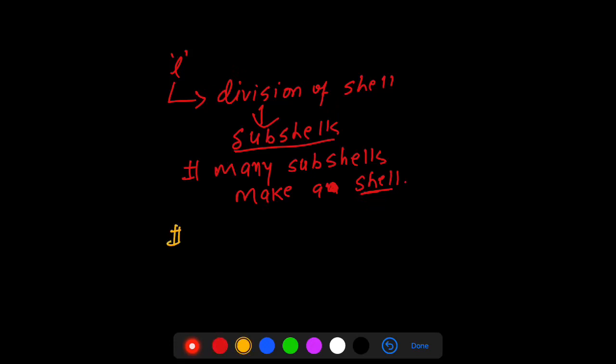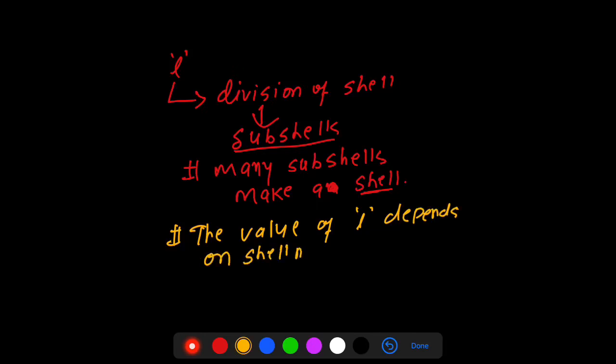Many subshells will come together to make a shell. Fine. Remember that the value of L, which is the azimuthal quantum number, depends on the shell number or simply the principal quantum number, because the shell number is denoted by the principal quantum number. So the value of L is going to depend on the shell number.